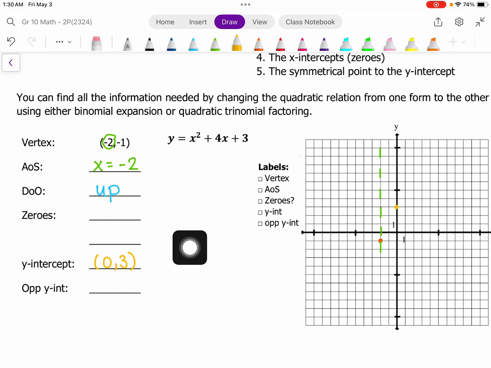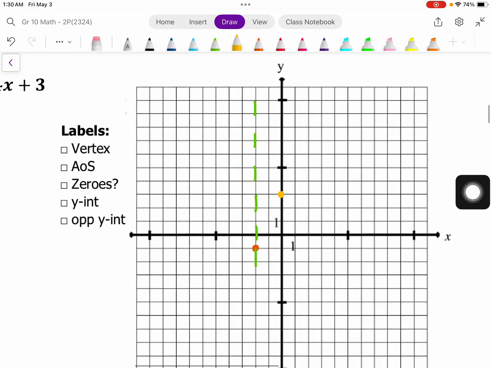Now this is a new thing for us, the opposite of the y-intercept. So over here, I have my axis of symmetry that I've drawn in, and the y-intercept is 2 points away from the axis of symmetry. So if I move another 2 points, I'm going to have another point at that exact same y value, so a y value of 3.